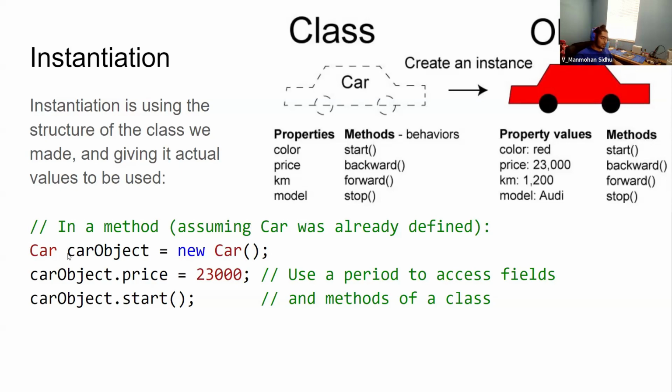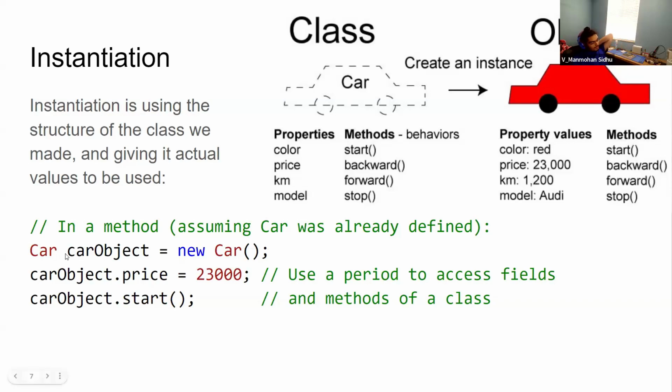So in this example, if we have a class called Car, you'd declare it kind of like a variable. You'd have the type, which is Car in this case, the name of it, an equals, and then use this new keyword here: new Car with parentheses and then a semicolon at the end. This tells your computer to create a new instance of your class.